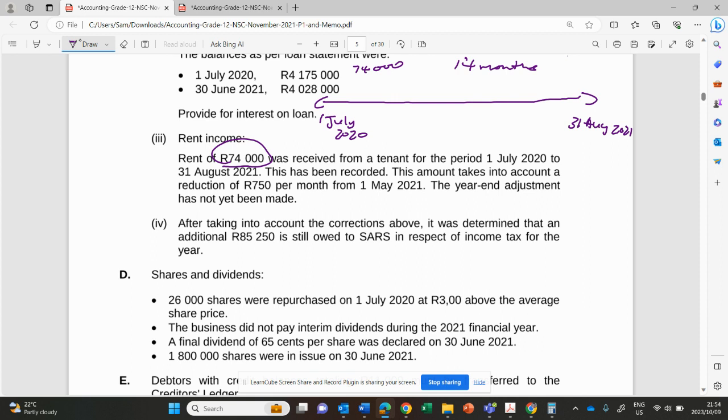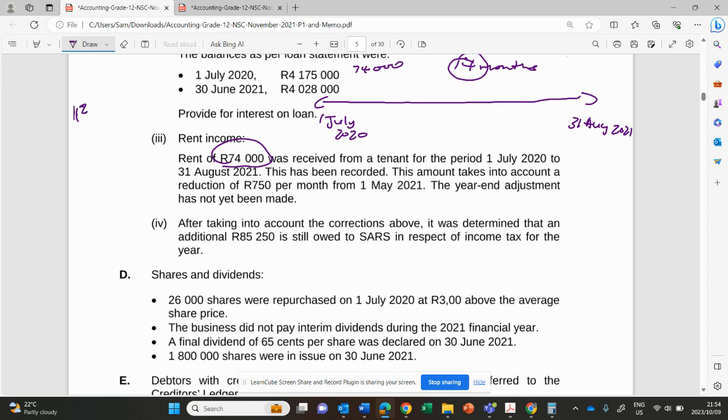This period is 14 months. Remember, we must include the income or expenses for a period of how many months? 12 months. Not 14 months. Okay, it's fine.